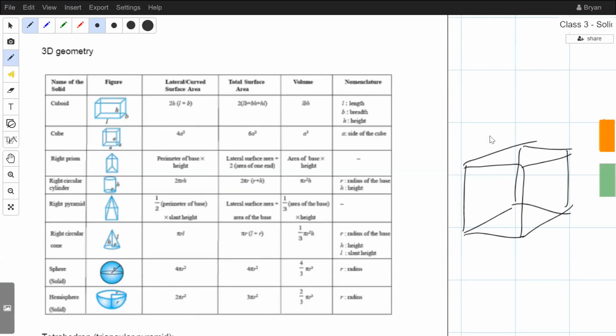Similar to that reasoning, that's how you would find its volume. The volume of a 3D shape is just how much space it takes up. As you know, area is how much space a 2D shape takes up. The volume formula for a rectangular prism is just multiplying the dimensions.